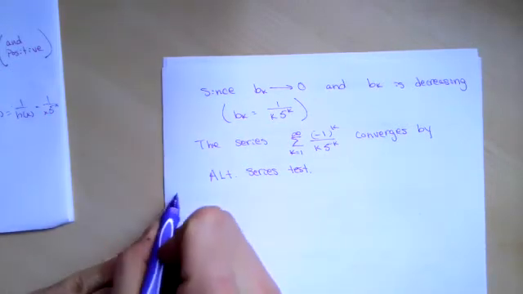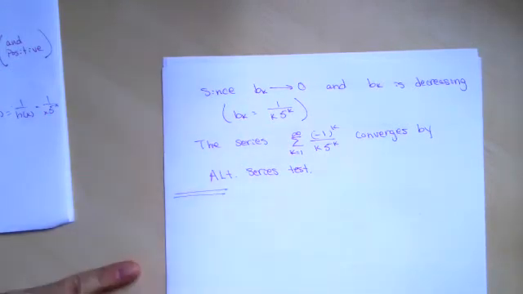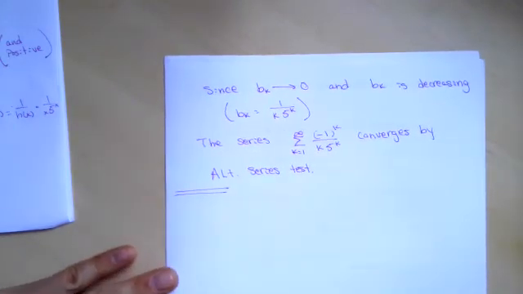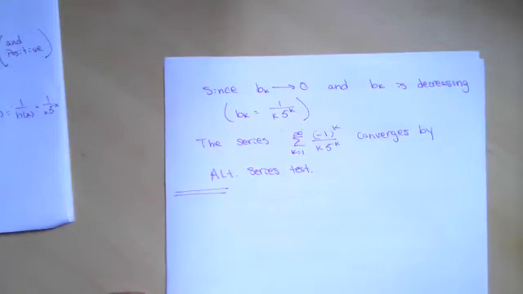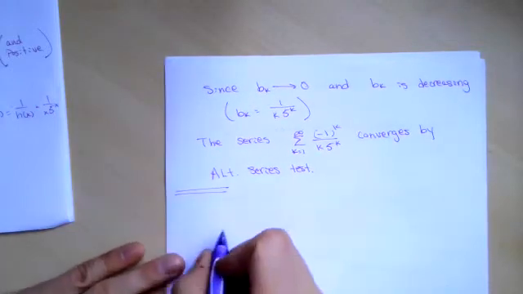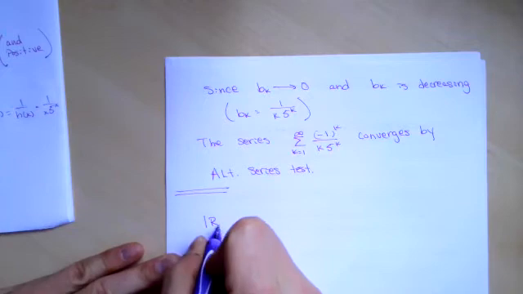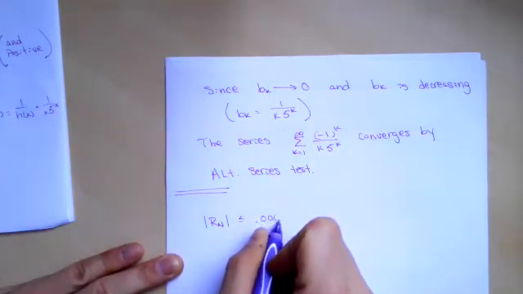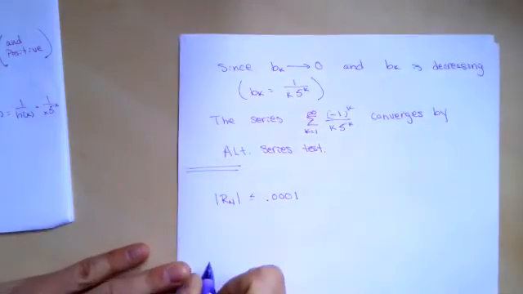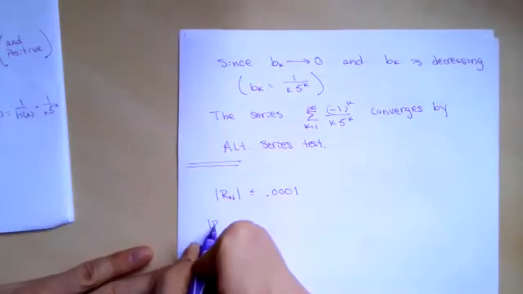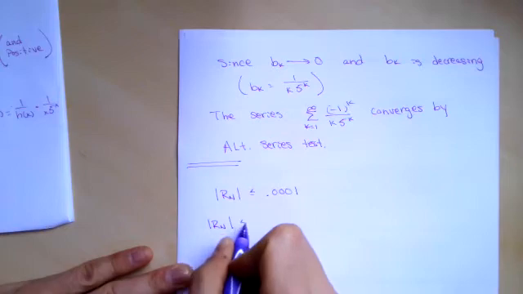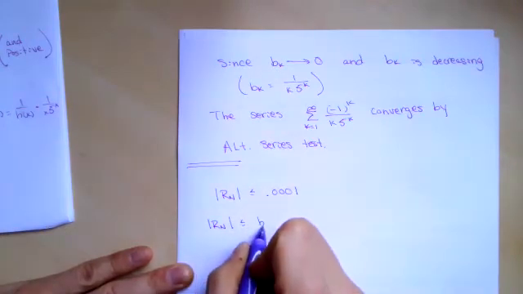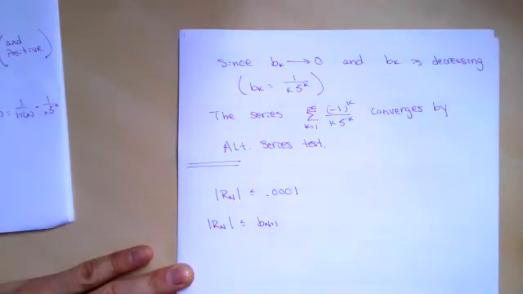And so the second part of our problem was we want to be accurate within 4 decimal places. So if we want our remainder to be less than that, I know by the theorem that the remainder is always less than the next term.